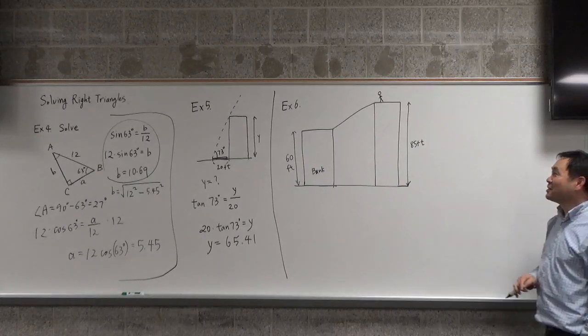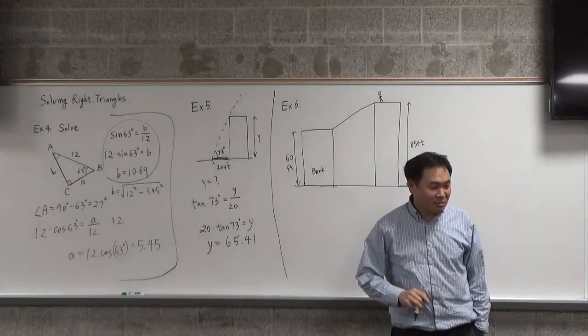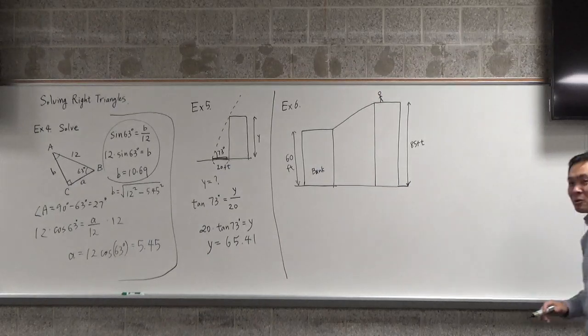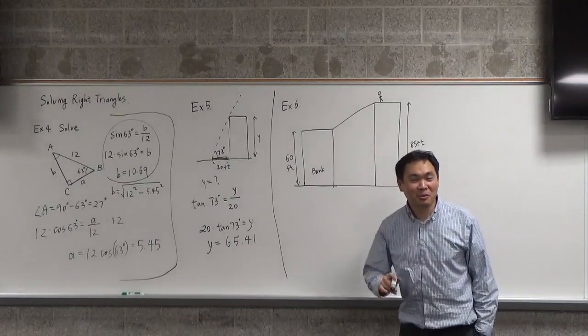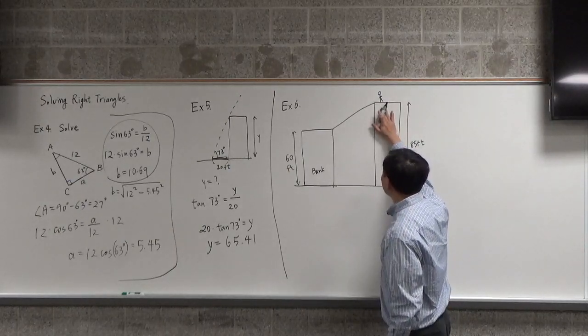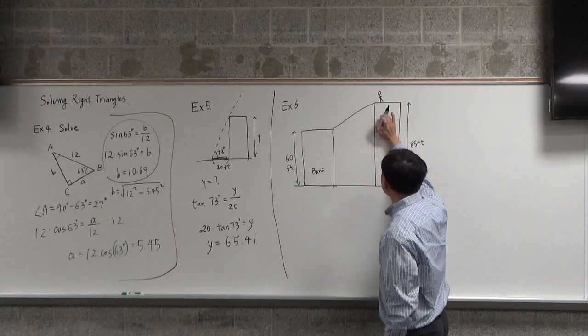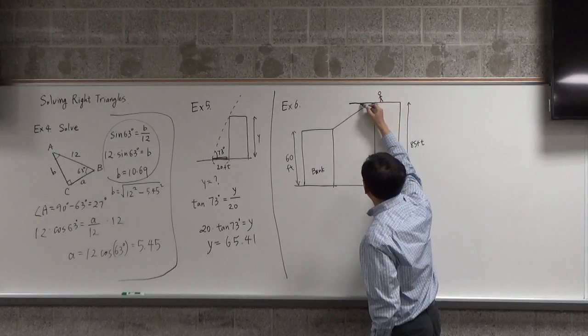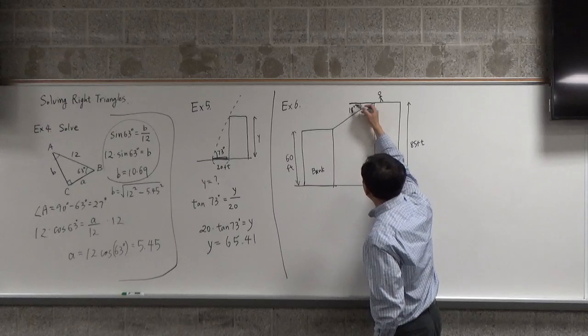Okay, all right. So if that's the case, of course, you have to plan really carefully or else you get caught. So one of the things that you do is you go to the top of this building, and then you have to measure this angle. Let's say this angle turns out to be 18 degrees.